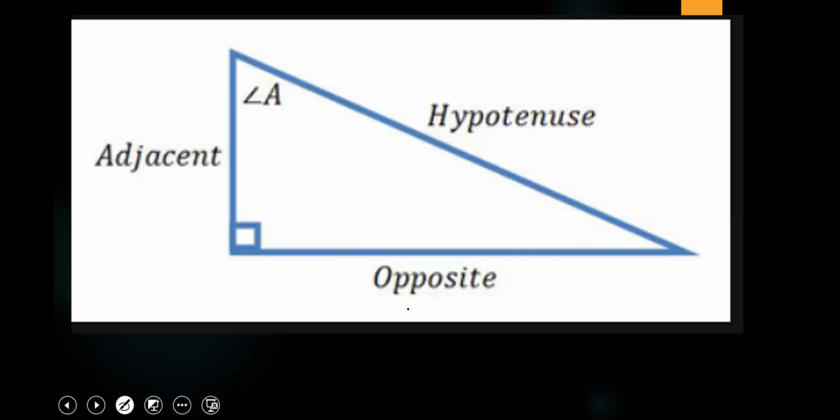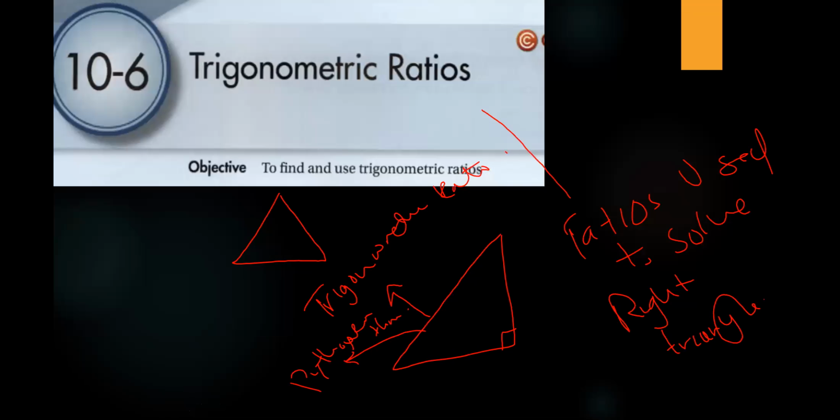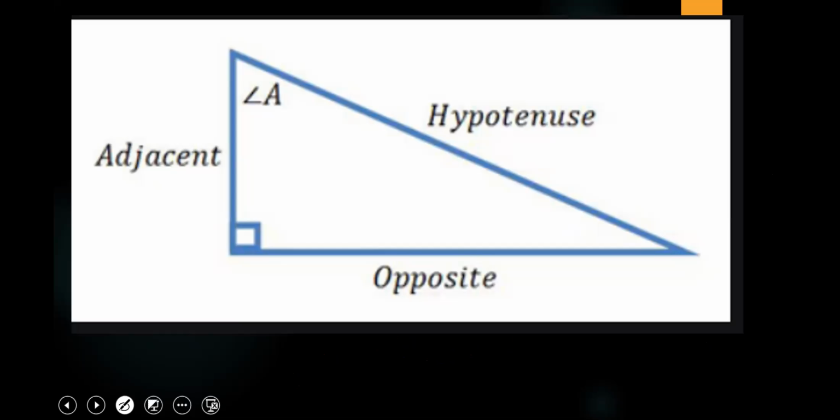Now, last semester, when we talked about the right triangle, we said that the longest side is the hypotenuse, and the other two sides we call legs. Today we will name these legs.